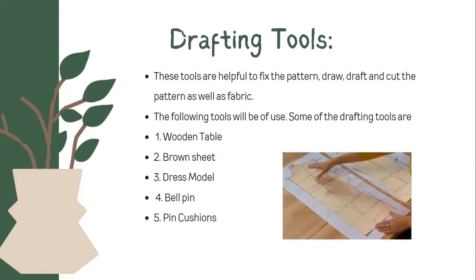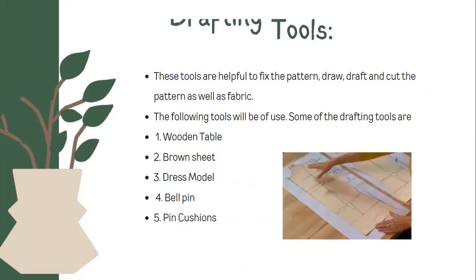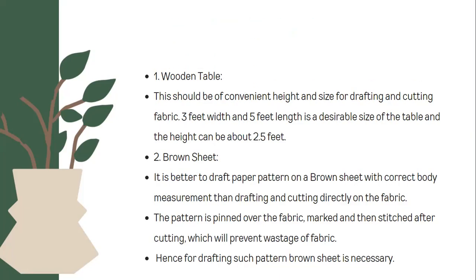You make the measurements, give whatever markings are applicable, and after you have done the paper pattern, you lay that pattern over the fabric. The pattern is pinned over the fabric, and then you cut the fabric according to the pattern and stitch. That is why a brown sheet is needed.